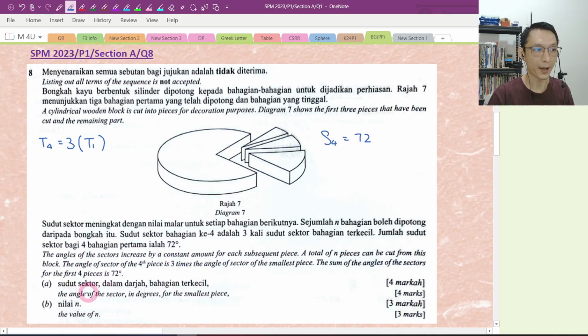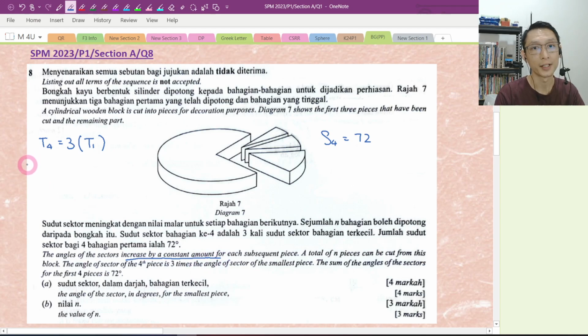So for the first part, we want to find the angle of sectors in degrees for the smallest piece, which means that we want to find the value of A. So now we can use these two given pieces of information to form 2 equations that we just solve simultaneously.